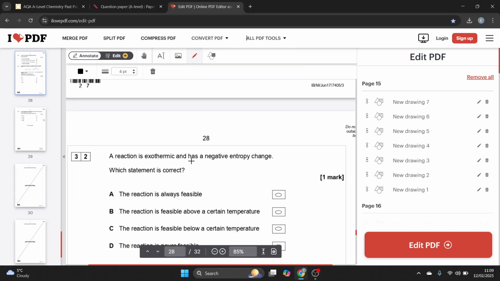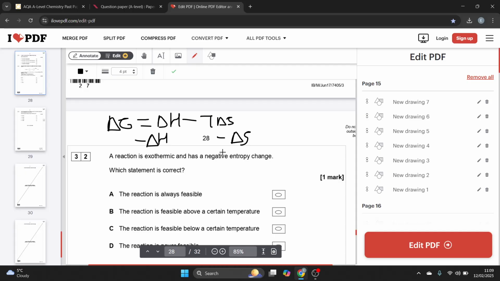Question 32, a reaction is exothermic and has a negative entropy change. So let's convert this word into something that I can visualize. So the reaction is exothermic, so negative delta H, and has a negative entropy change. Right, and what's Gibbs free energy change? Gibbs free energy change is delta G equals delta H minus T delta S. And I know delta H is negative, delta S is negative.